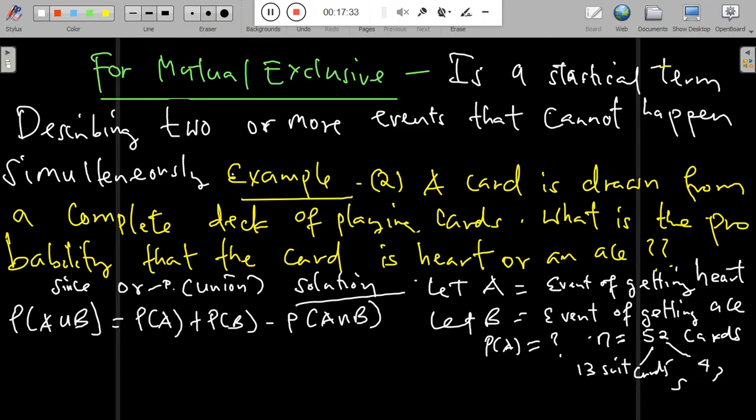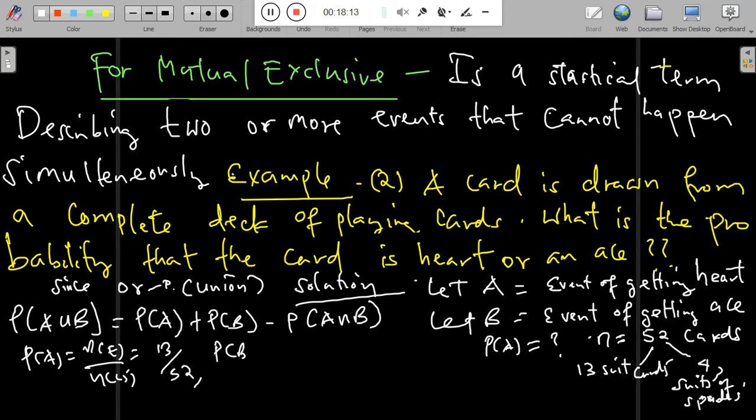We have other cards which are spades, and so on. So to find the probability of A, we take those 13 heart cards, that is the number of events, divided by the total number of cards, that is 52. So that will be equal to 13 over 52.